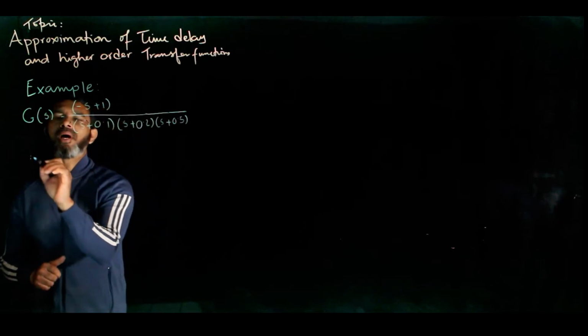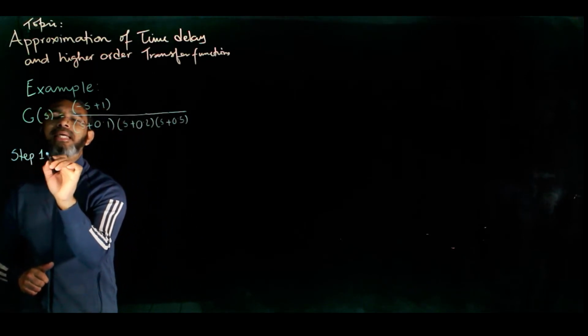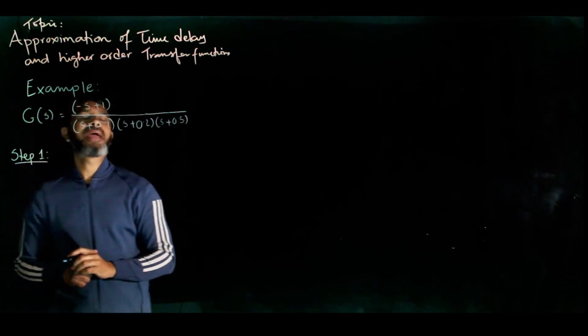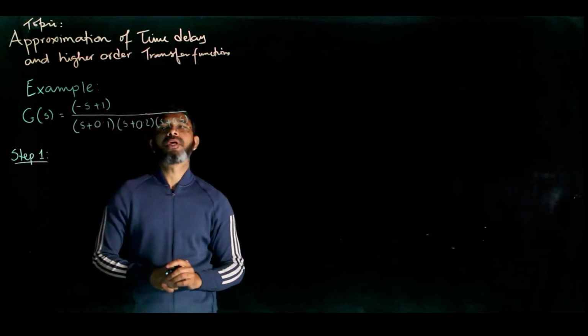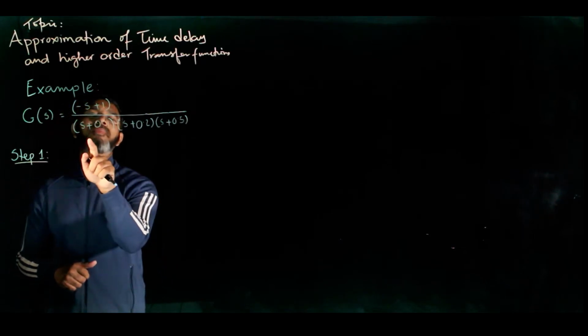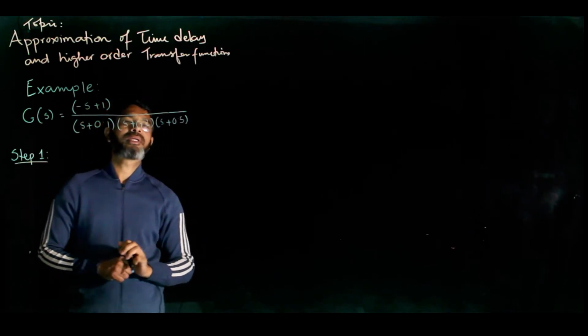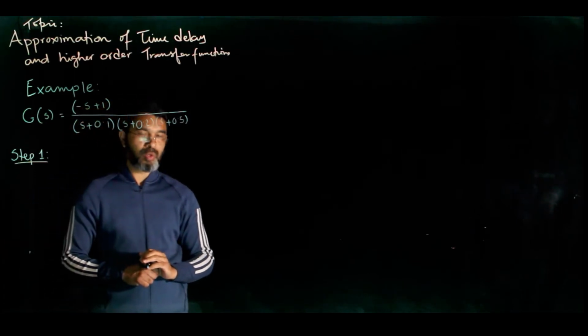So in step 1, we have to express this in the form of what is called the gain and time constant formulation. If you remember, in that case, it will have to be expressed in terms of tau s, tau 1 s plus 1, tau 2 s plus 1, tau 3 s plus 1, and so on.